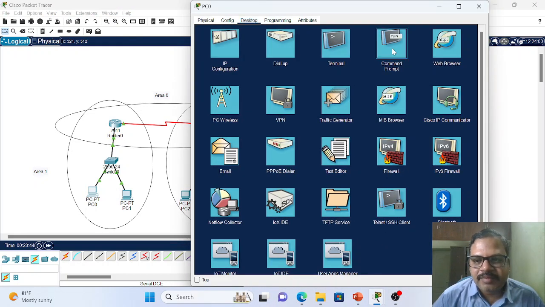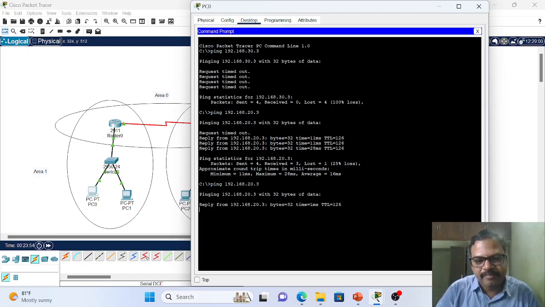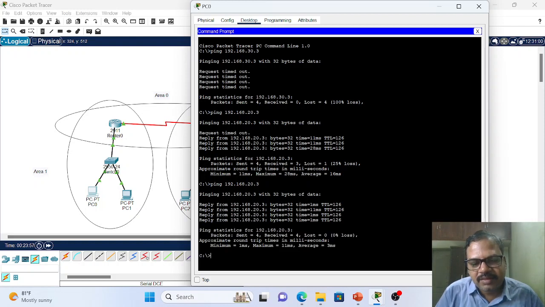Go to command prompt, ping 192.168.20.3. Yes, I'm receiving the response message from 20.3. That means the packet communication happens using OSPF protocol.